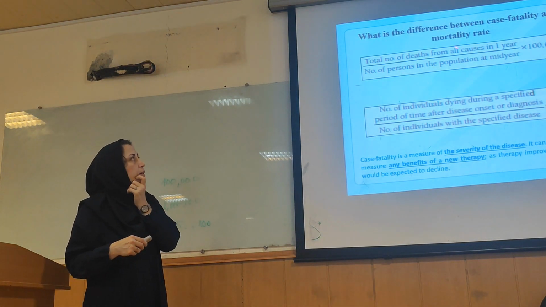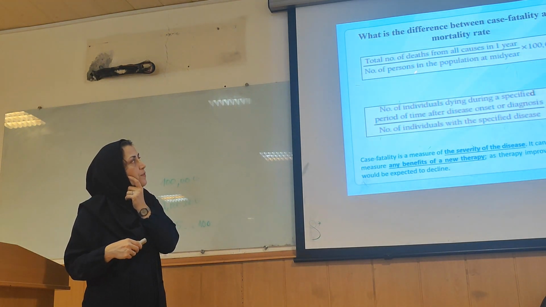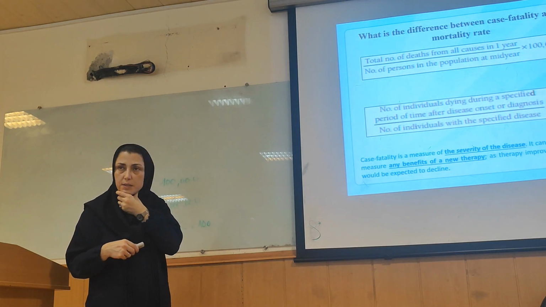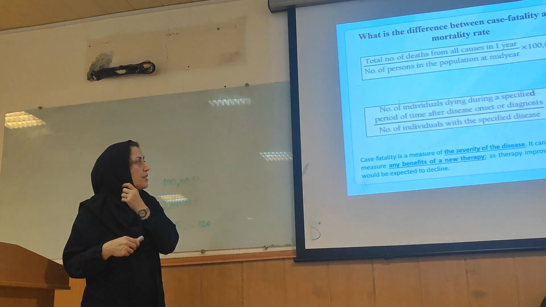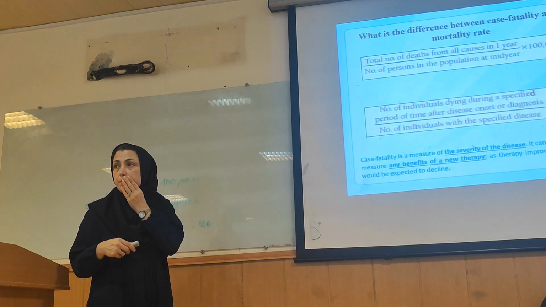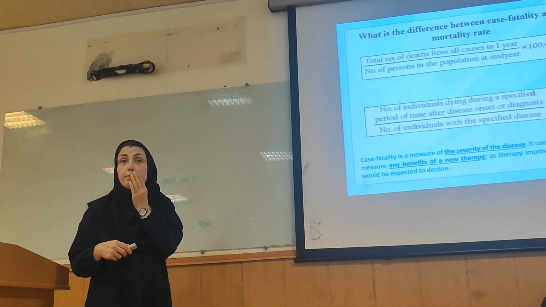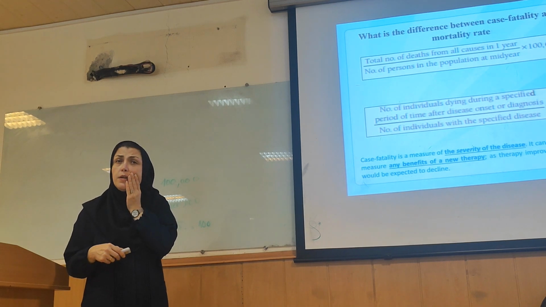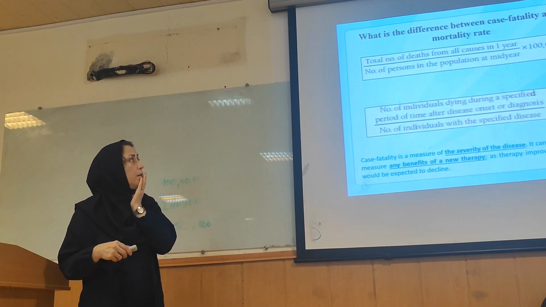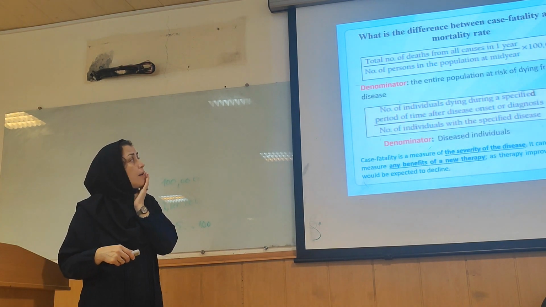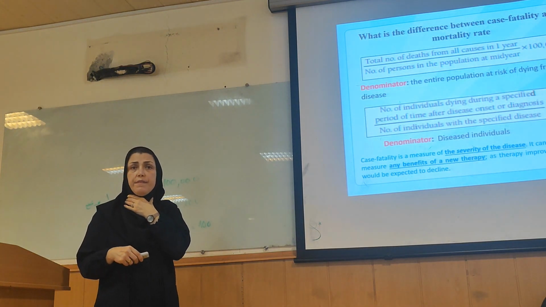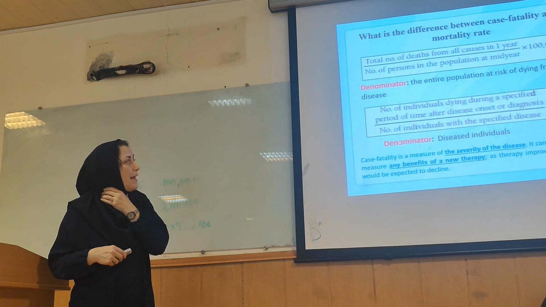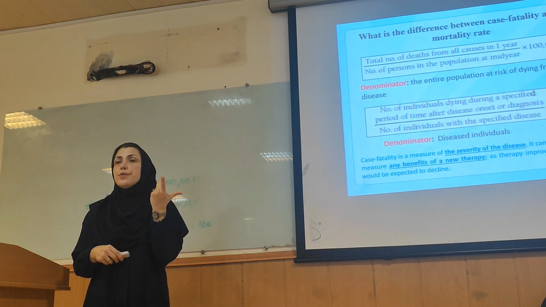What is this? Mortality rate or case fatality? Mortality. What is this? Case fatality. What is the difference between these two? There is a specific disease in the case fatality. The first one is general deaths for the entirety of the population. But the second one is dying of a specific disease, and the denominator is people who have the specific disease. Very good. So the main difference is the denominator.